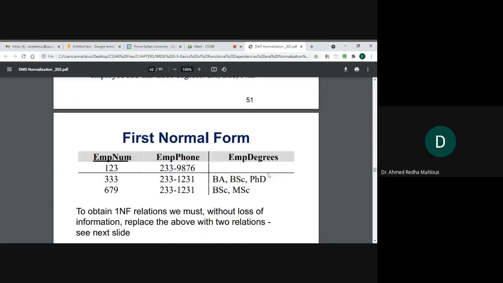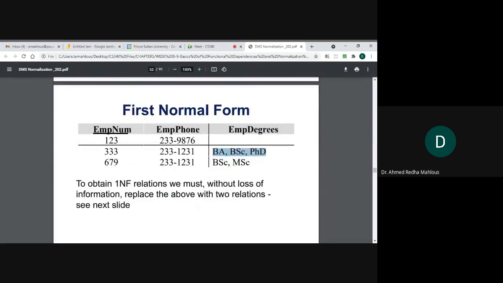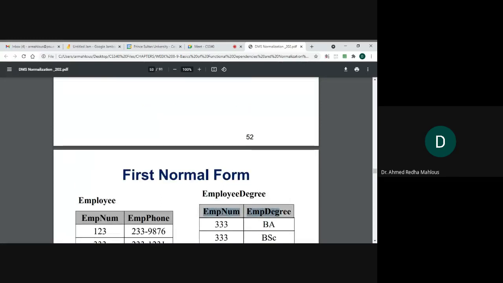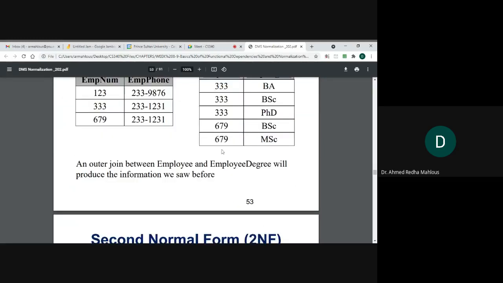It's not like in the previous one, where it accepted 3 values or more. In my new relation, I just divided employee number with employee phone number, and employee number with employee degree. Now both of them will be considered as a primary key in my new relation, which is called employee degree. This is what is known as first normal form.